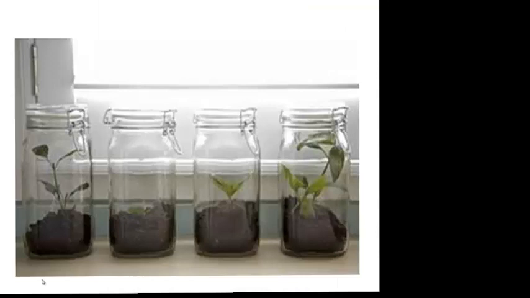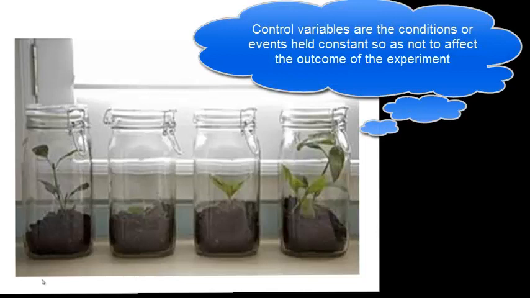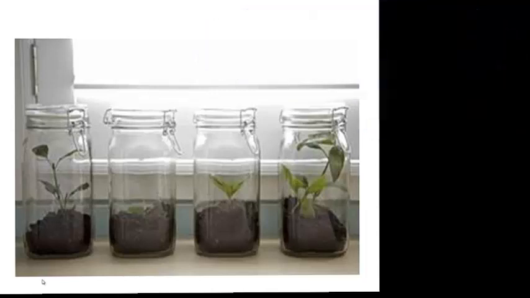So the first variable that we're going to define by using our bean seed example is the control variable. The control variable are the conditions or events held constant so as not to affect the outcome of the experiment. So let's take a look at this picture. How many things could we assume might be a control variable?